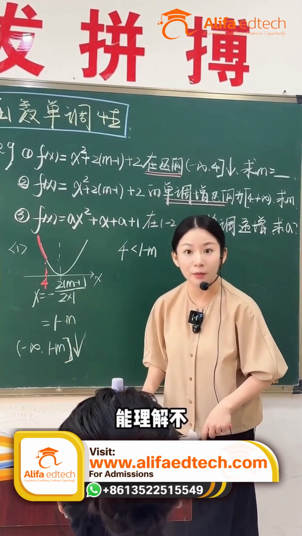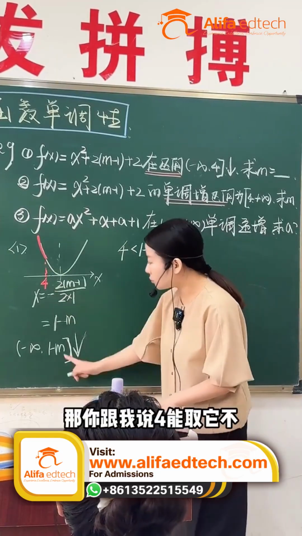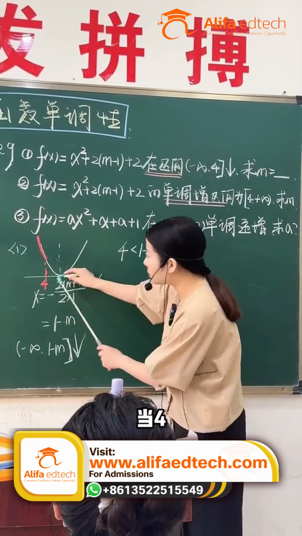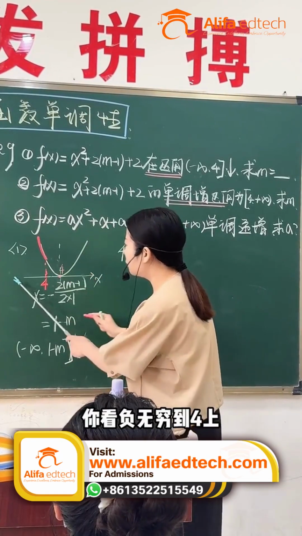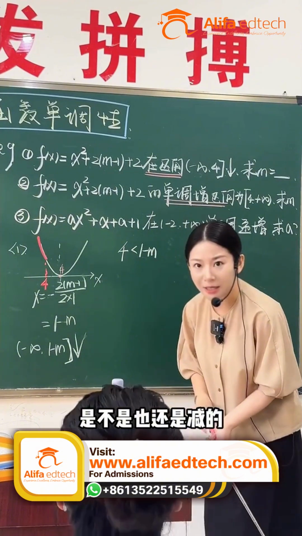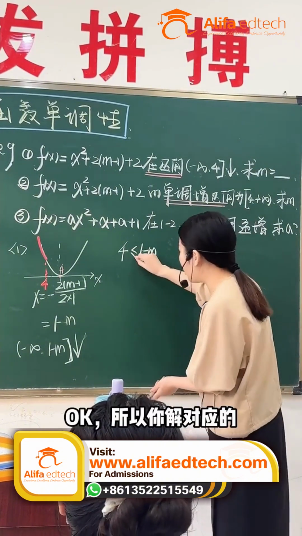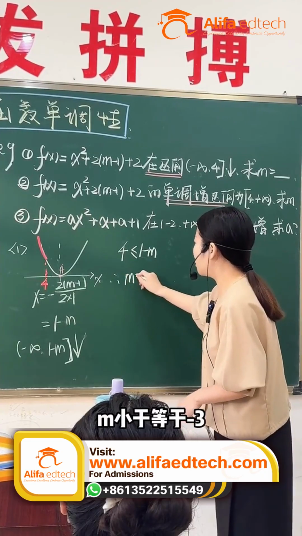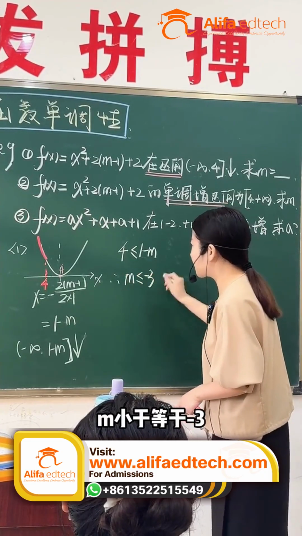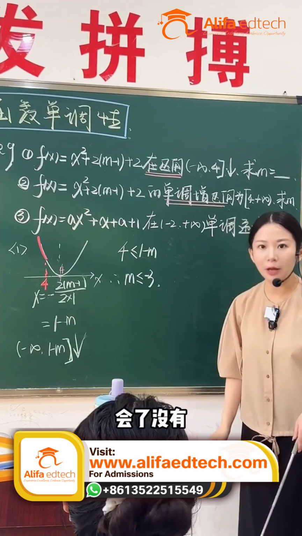Do you understand? So tell me, can 4 be equal to it? When it's 4, if you're not sure if it can be equal, just put 4 here. See? From negative infinity to 4, it's still decreasing, right? It fits the condition. Okay, so you solve the corresponding equation. Move m over, m is less than or equal to negative 3. Got it? Got it. Okay, the first one is done.